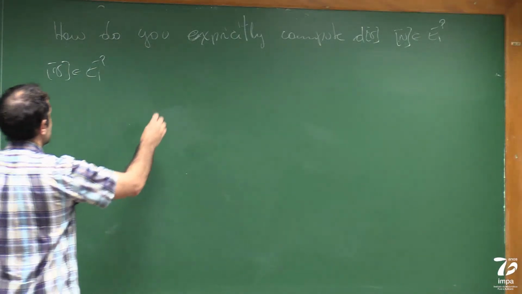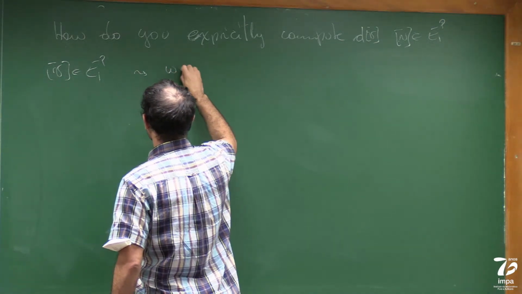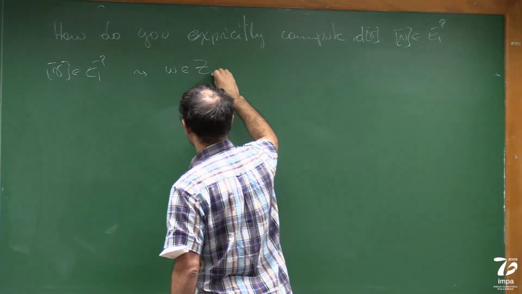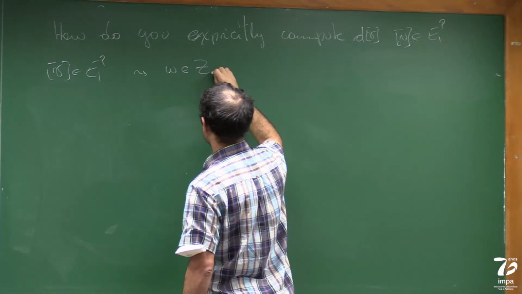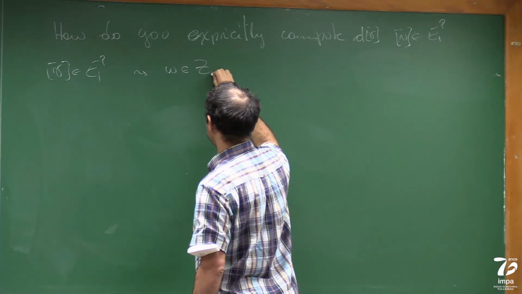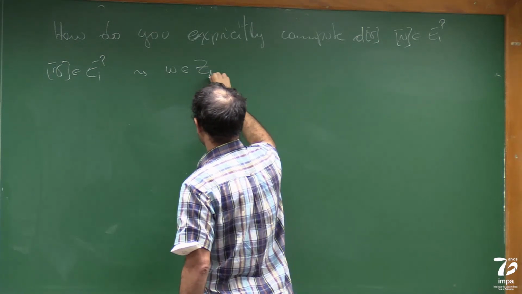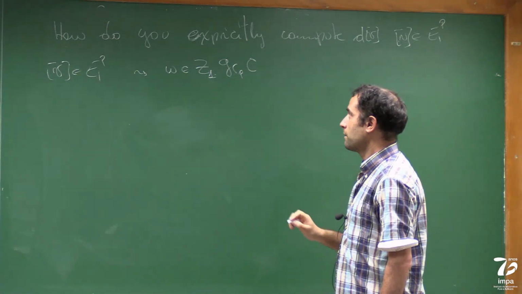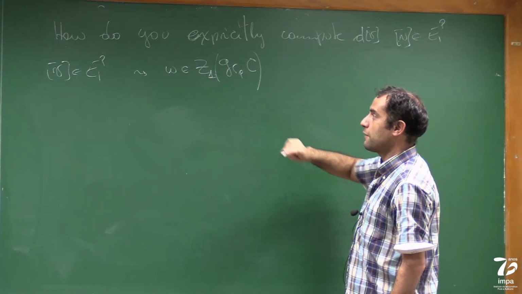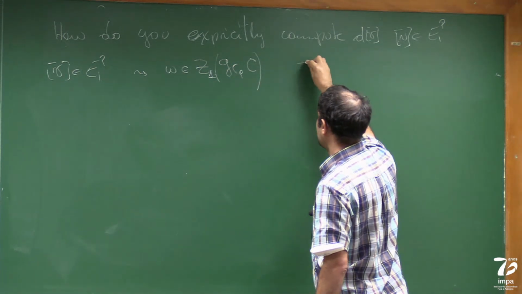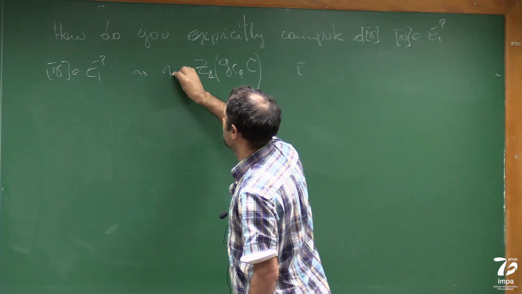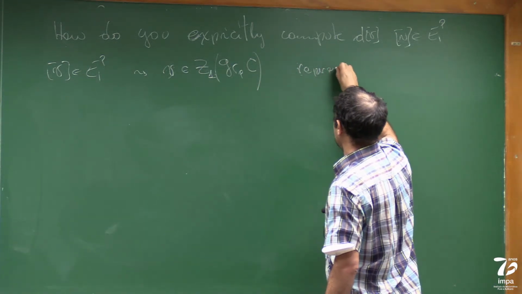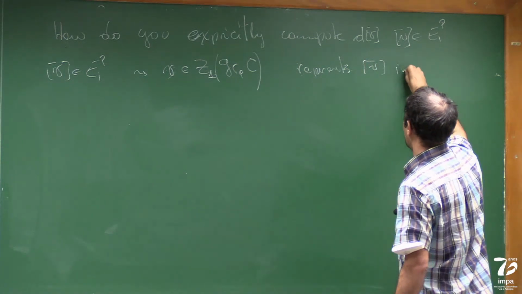Let's take some w in the kernel of the differential on Gr^p C, that is, in Z_1 of Gr^p C, that represents v, such that it sends to this class v in homology.